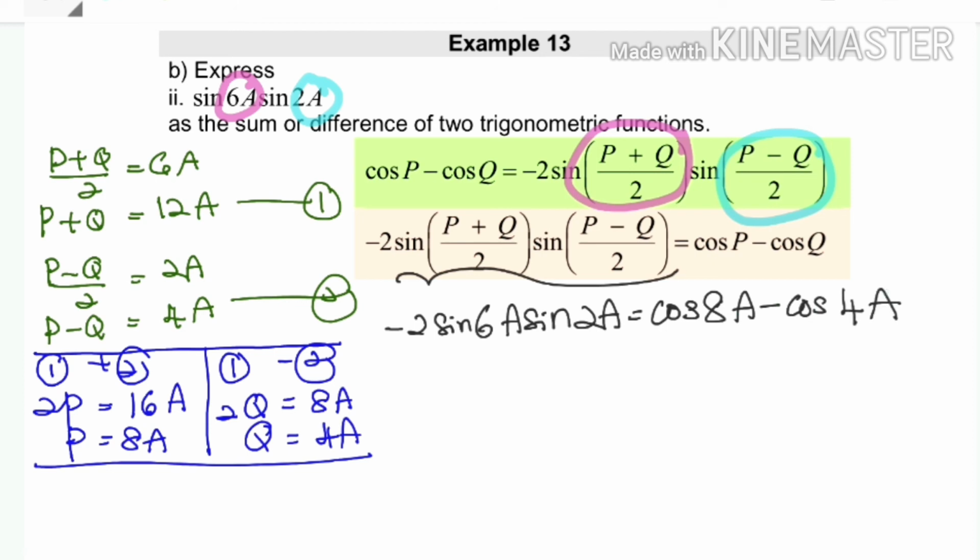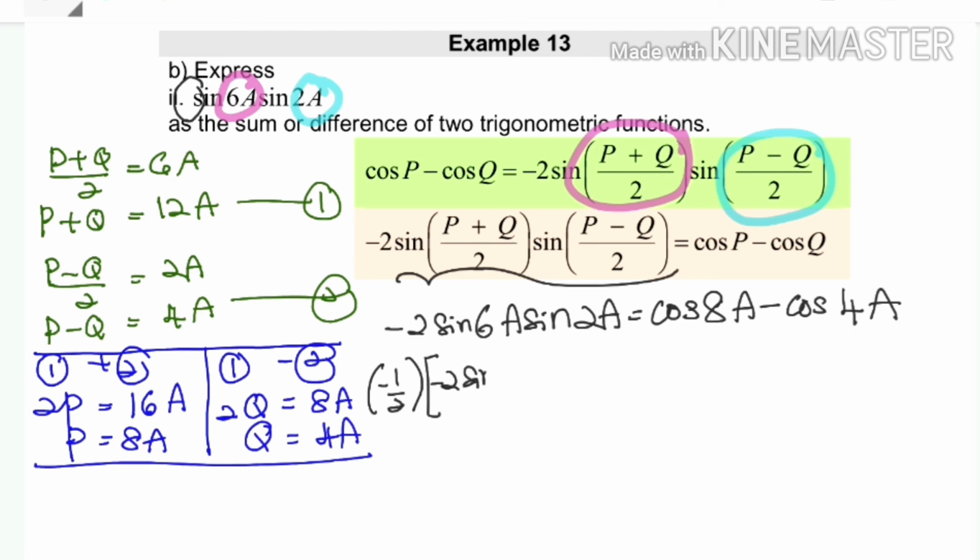But this is not the final answer. What is the original question? The coefficient is 1. Therefore, we have to multiply by negative 1 over 2 on both sides. Negative 2 sin 6a sin 2a times negative 1 over 2 equals negative 1 over 2 times (cos 8a minus cos 4a).